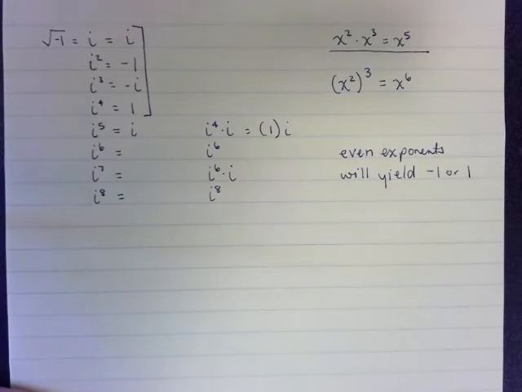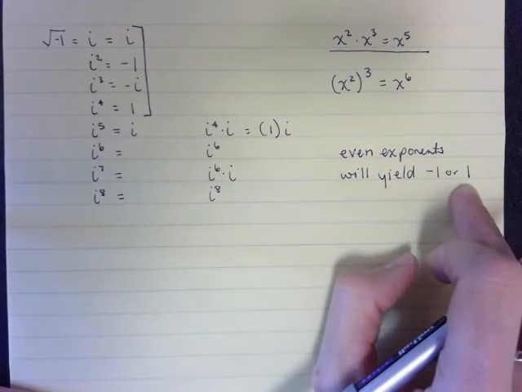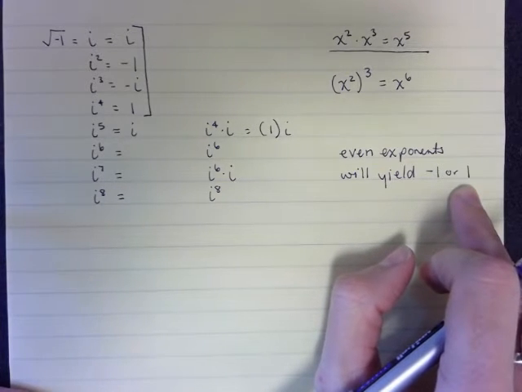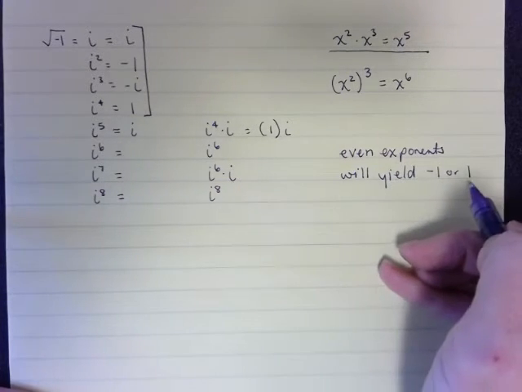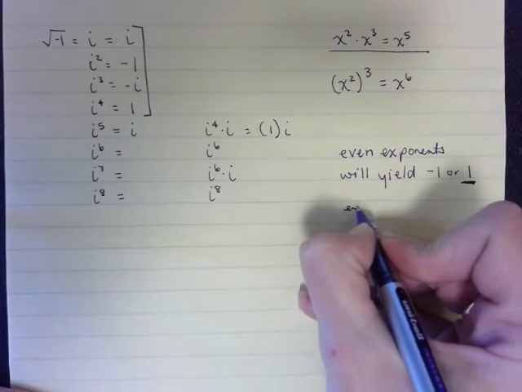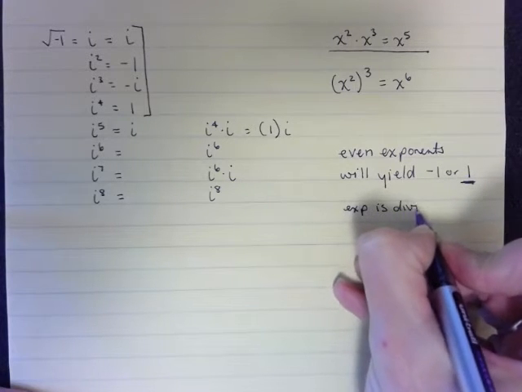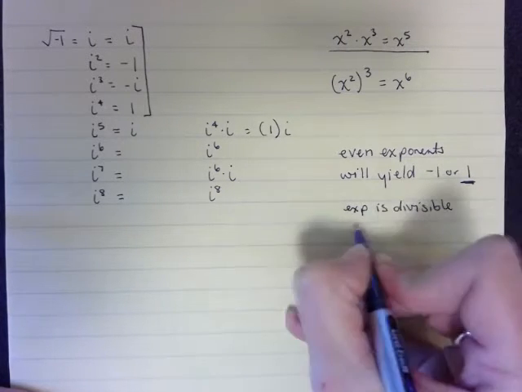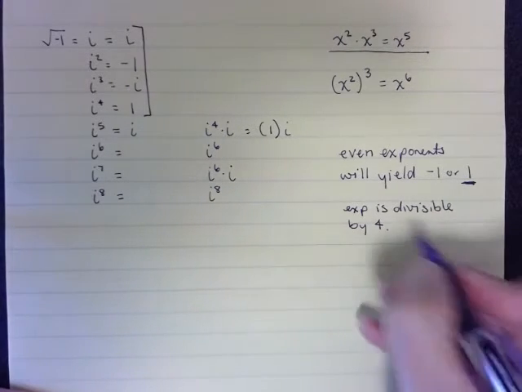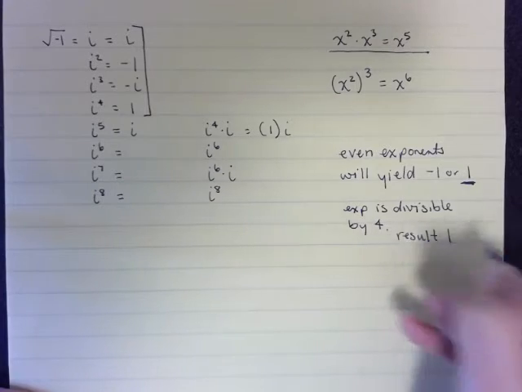So we have to just figure out which even exponents yield a negative 1 and which even exponents yield a positive 1. Well, the special even exponent that yields a positive 1 is the exponent that is divisible by 4. If the exponent is divisible by 4, the result will equal 1.